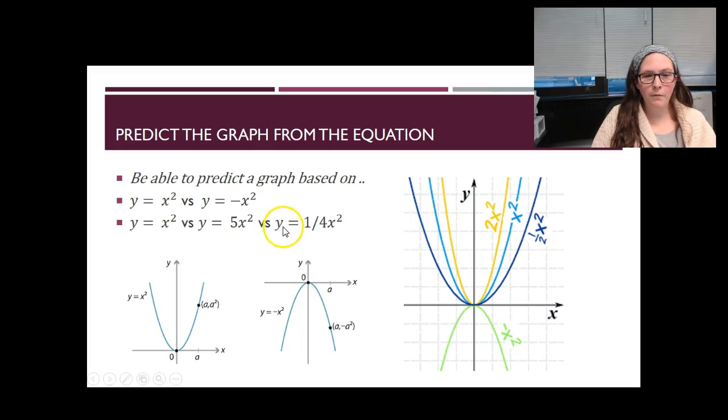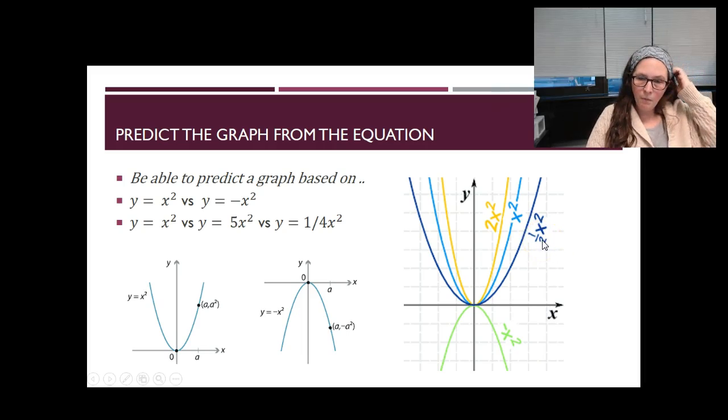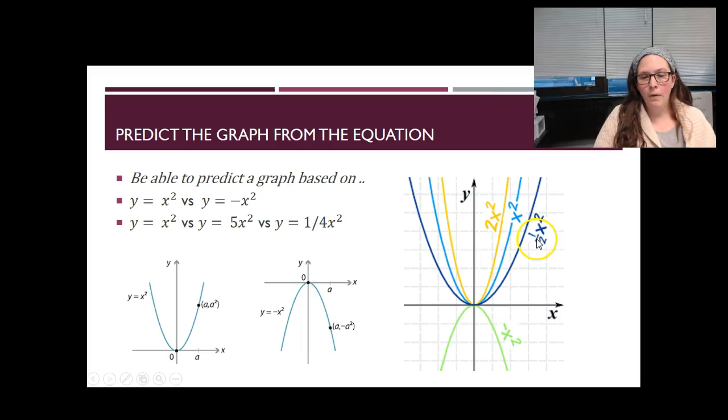And then lastly, if we do the opposite of that and we take that coefficient in front of the x squared and make it a fraction, or a fractional part of 1, we can see that that widens the parabola. For the quiz, you should be willing and able to look at different equations and put them in order based on how wide the parabola is. So the widest parabolas would maybe go first, and then the thinnest or the tightest parabolas would go last.